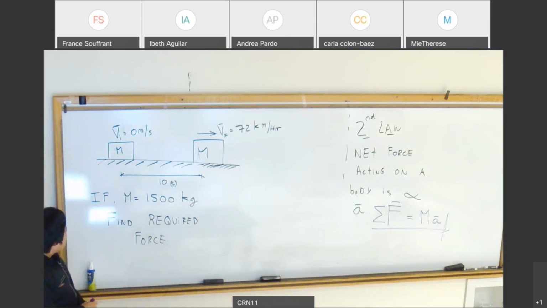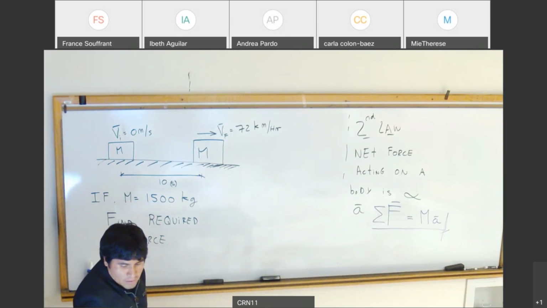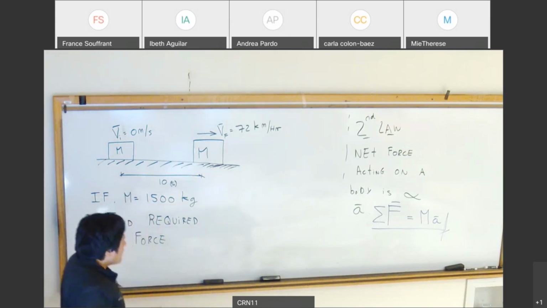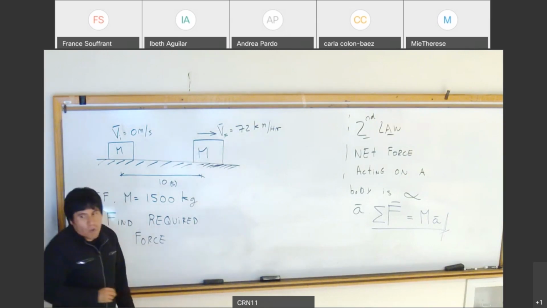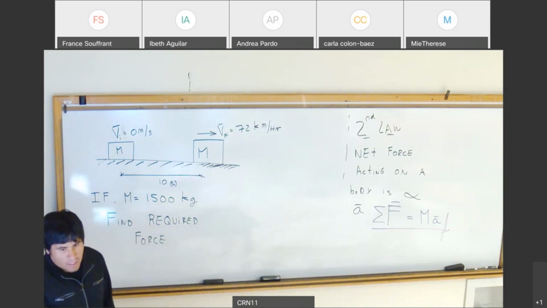All right, so we have the equation there, right? The net force acting on a body is equal to mass times acceleration. Again, for this type of problems, we are neglecting friction for now. Actually, we'll do friction a little bit so you can see how it's used.